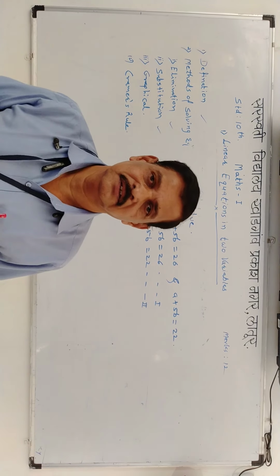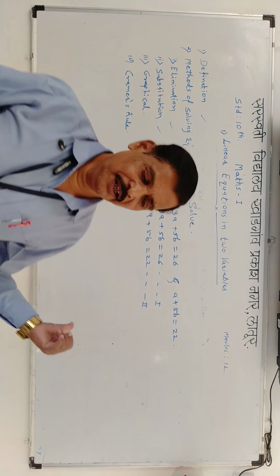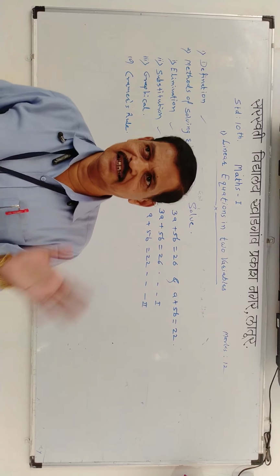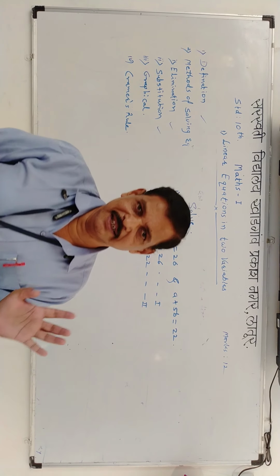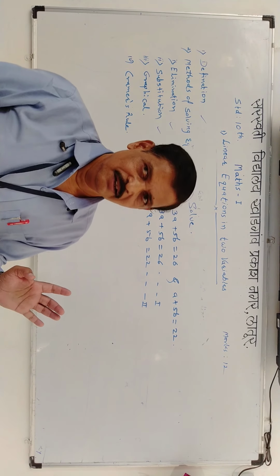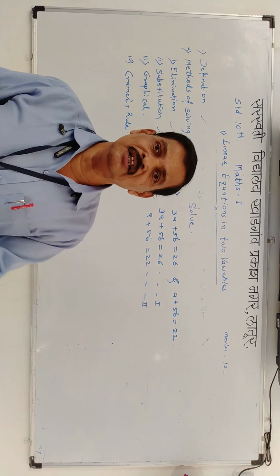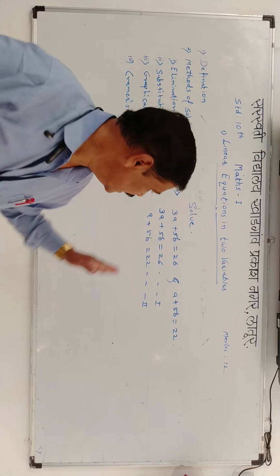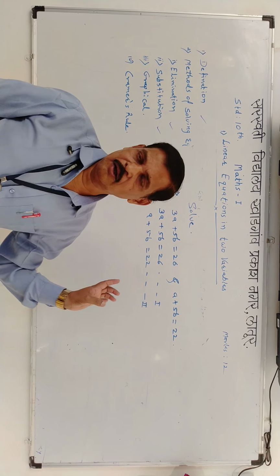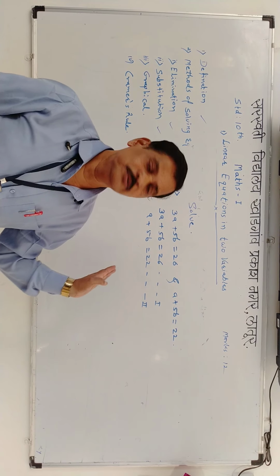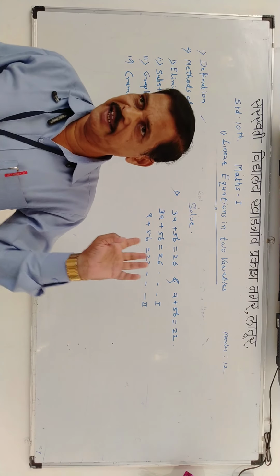Observe it. Whenever you are working in mathematics, observation is the soul of mathematics. Observe keenly, and also observe the sign, observe the variable, observe all the coefficients of a and b.